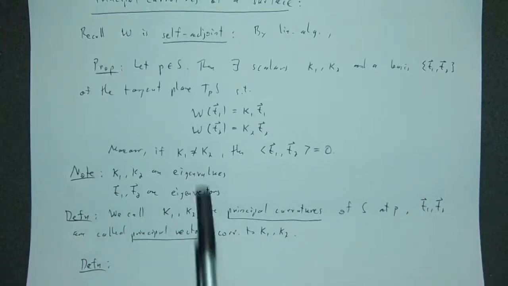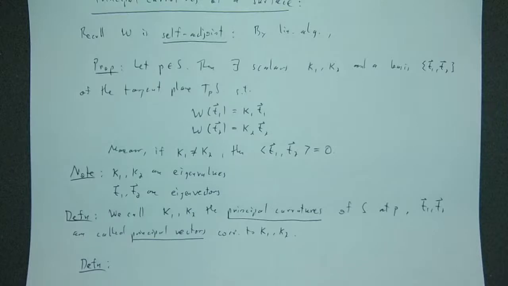We mentioned the possibility, of course, that kappa sub 1 and kappa sub 2 are equal at a point. All right, so if that's the case, this corresponds to having a repeated root of the characteristic polynomial, or a repeated eigenvalue, an eigenvalue having multiplicity greater than 1, so a non-simple eigenvalue here.